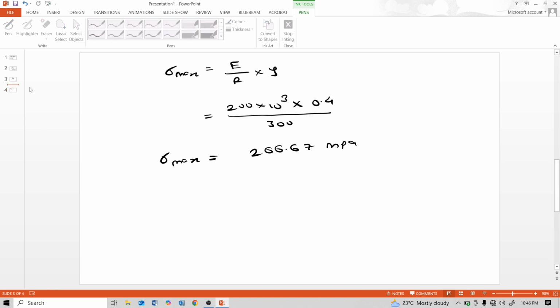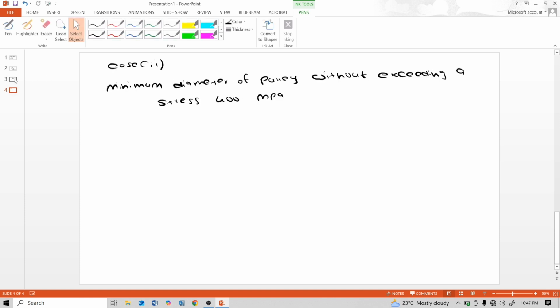Use the same formula, sigma max is equal to E by R into y. Only here put sigma max as 400 MPa, because without exceeding 400 MPa means the stress comes up to 400 MPa and below.